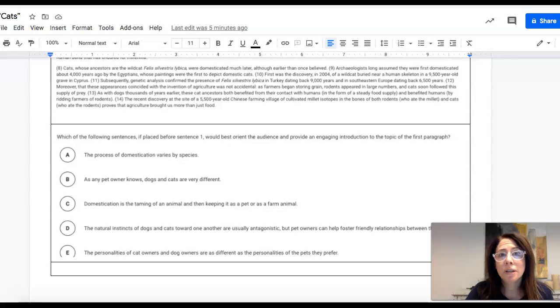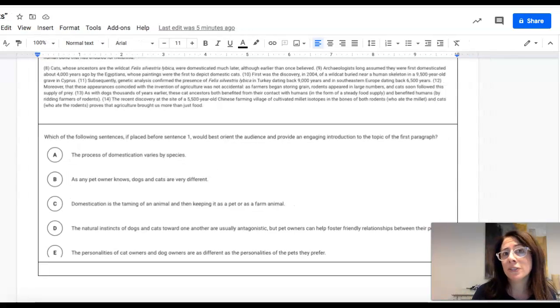Now, very important. I know a couple of minutes ago I said you must find the argument or the main claim or the thesis before you begin to answer these questions. And this becomes important for this particular question. Even though they're asking us for the first sentence of the entire essay, they're going to have a trick question in here.